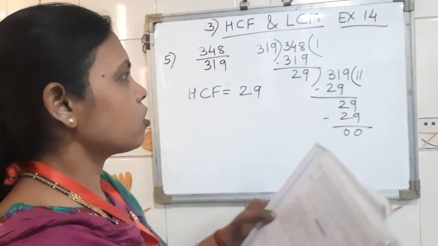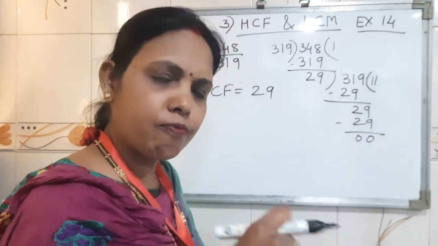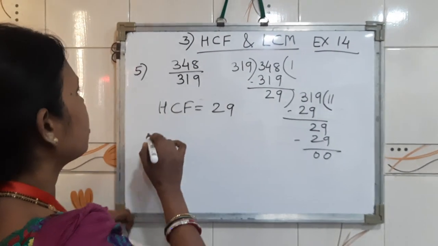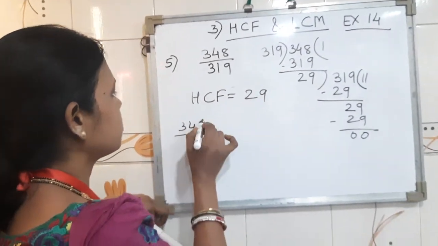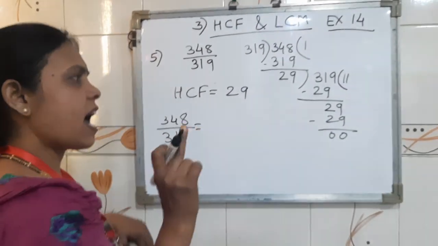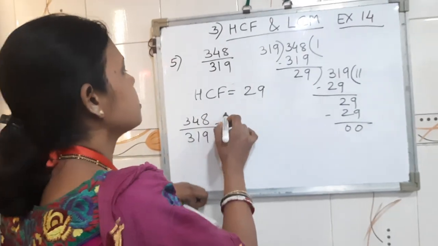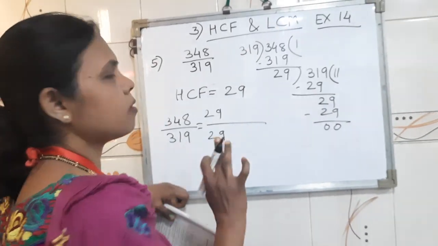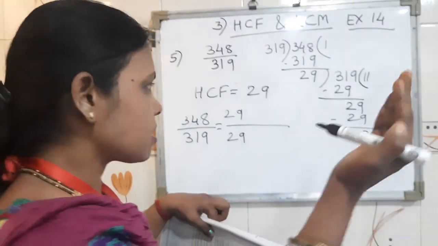Now what we want over here is to find this given fraction in reduced form. Write down 348 upon 319 equals, as HCF is a common factor, that's why children, 29 will be common in both the terms. Now what will be the next number?